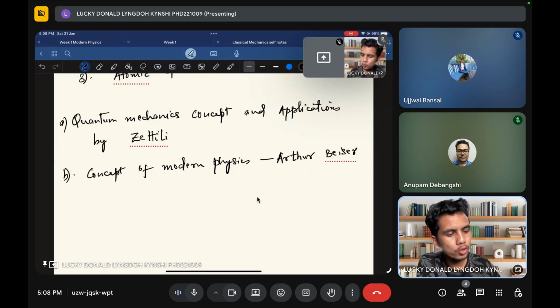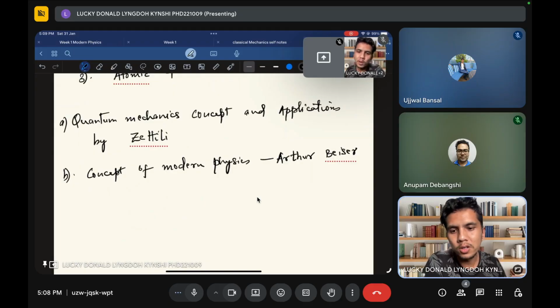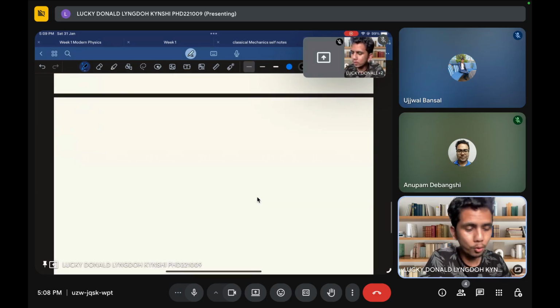These are the two books which I usually follow, especially from the quantum mechanics point of view. Zettili is one of the good books, and in terms of more general modern physics with many different topics, Concepts of Modern Physics by Arthur Beiser is one of the good textbooks. So let's go ahead, then we can solve problems.